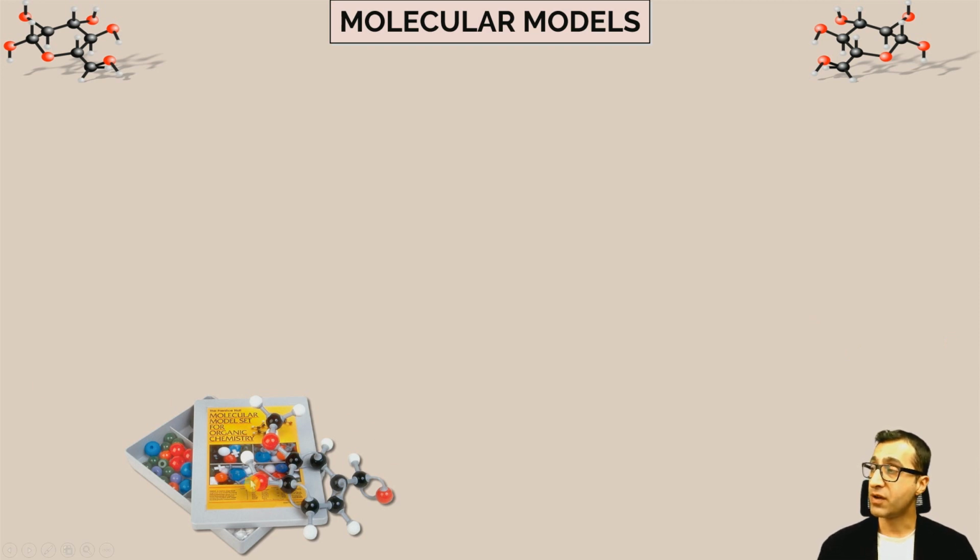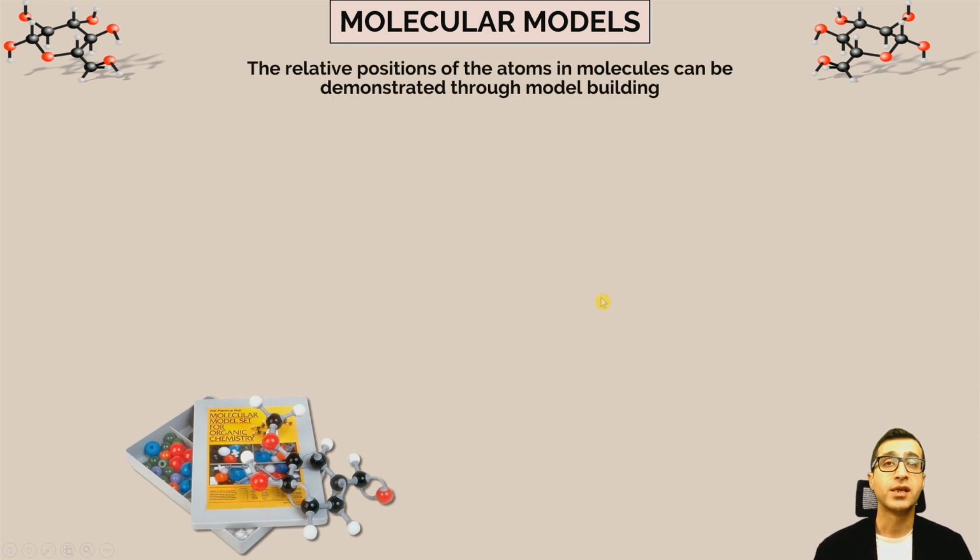The advantage of building these molecular models, or using software like you saw in the previous lesson that I was using to build 3-dimensional models of things like the glucose and glycine molecules, is that in addition to looking at these things in a skeletal or structural formula format on paper or a Haworth projection, you can see the actual way that the bonds arrange themselves in 3 dimensions relative to each other. And so the relative positions of the atoms in molecules can be demonstrated through building molecular models.